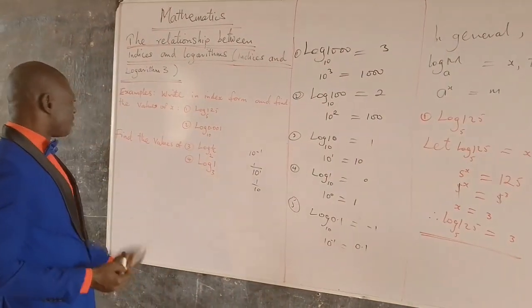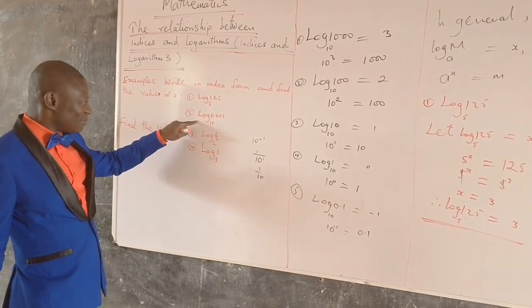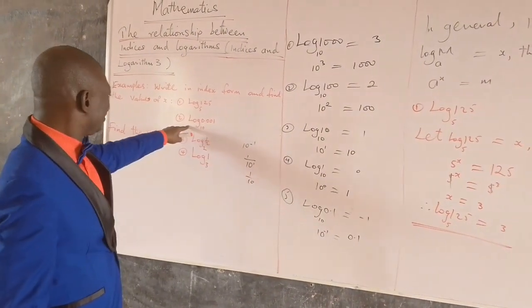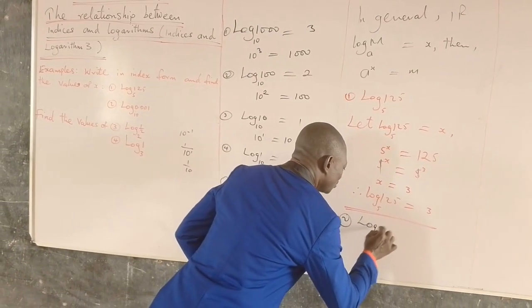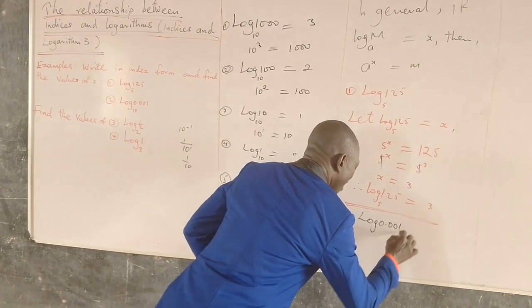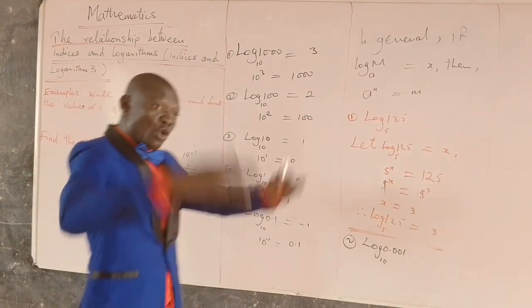Okay, question number 2. Question number 2 gives us something that has a decimal, and it says we should find the value of log 0.001 in base 10. As usual, we say that we don't know it.